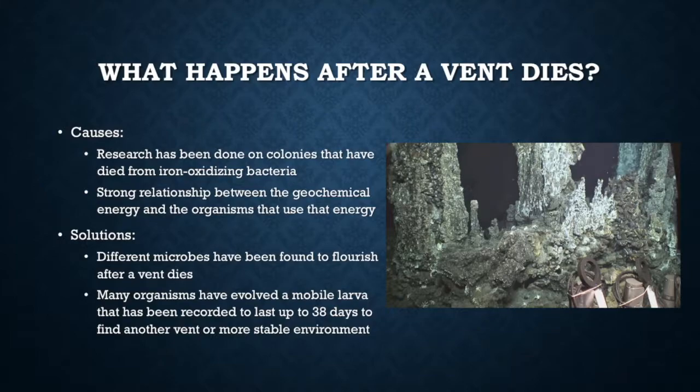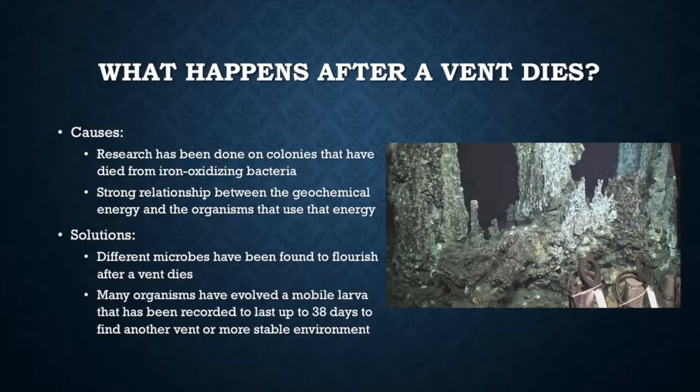So, some of the solutions that these organisms have found are a lot of microbes have actually been found to flourish after a vent dies. So, obviously, the iron oxidizing bacteria flourishes after these vents die. How that is known, they aren't quite sure. A lot of research has gone into looking at that.